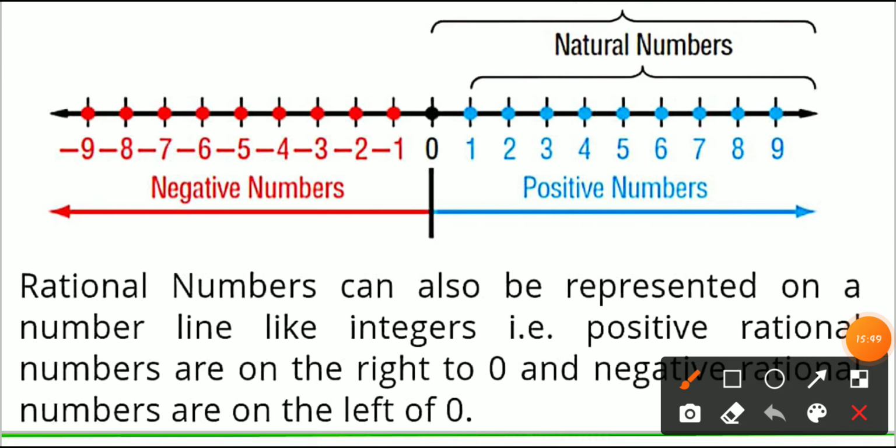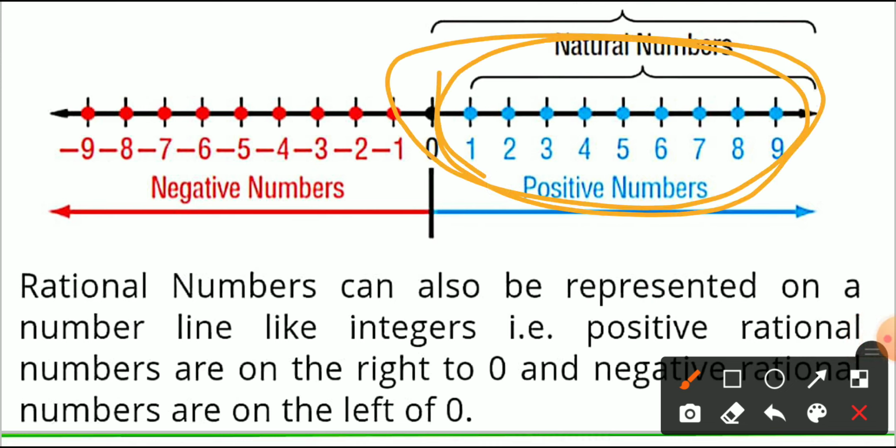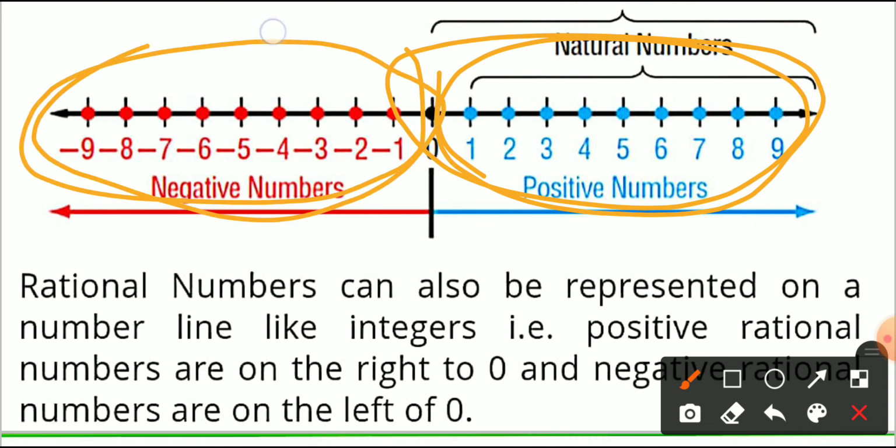The positive rational numbers can be represented in this place, from 0 to infinity, whereas the negative rational numbers can be represented in this space, from 0 to infinity on the negative side. And the representation of a rational number is just similar to the representation of fractions.